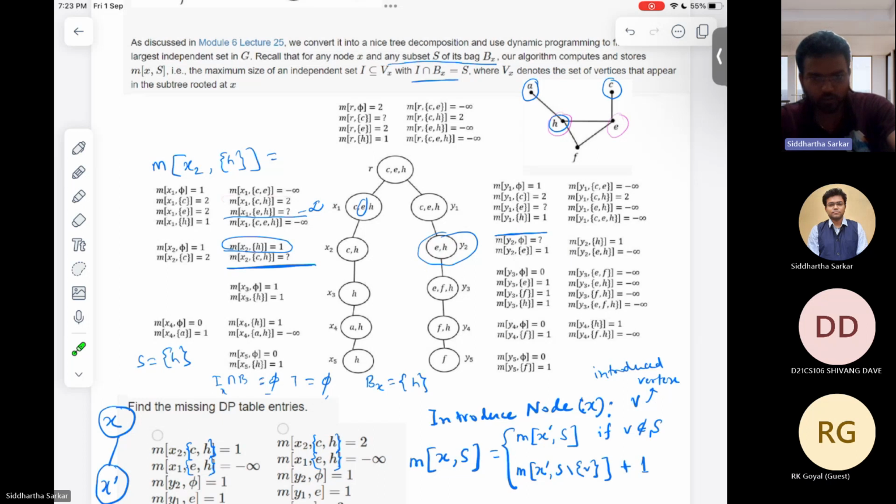I will now write what is the recursion rule for a forget node. So first thing is this is a forget node because in the child there is a vertex which is missing in this, and that vertex is F. So in this node Y2, the forgotten vertex is F. So let me write down the recursion rule for the forget node.